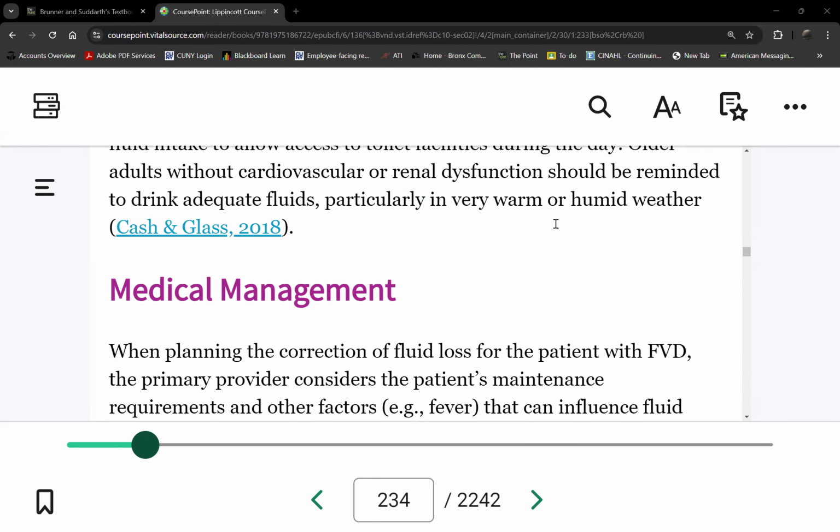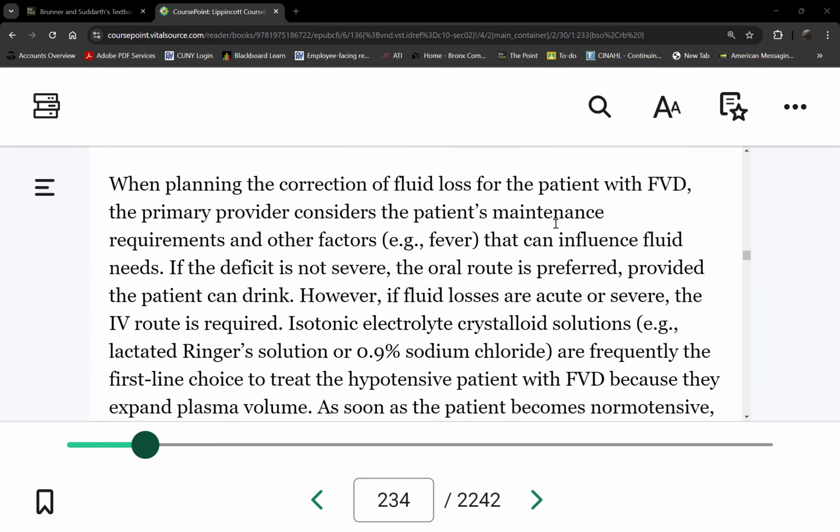Let's go now to interventions. Let's keep it simple. If someone has dehydration, what will you give? Fluids. Okay. Well, the type will depend on, I gave you examples earlier. Let's say you have a patient coming in with really low blood pressure and high heart rate, indicating fluid volume deficit.